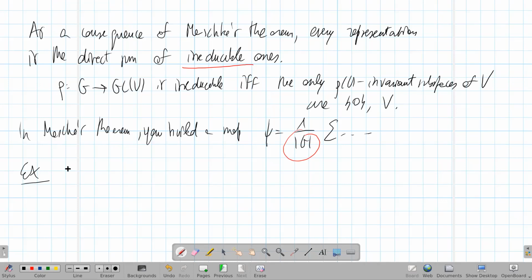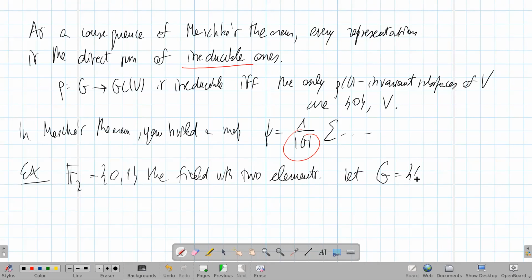Suppose that we take the field with 2 elements, okay? So this is 0, 1, the field with 2 elements. Let G be the cyclic group of order 2.